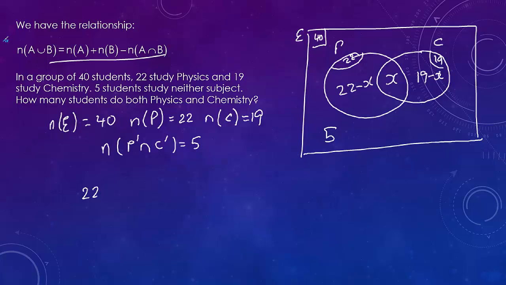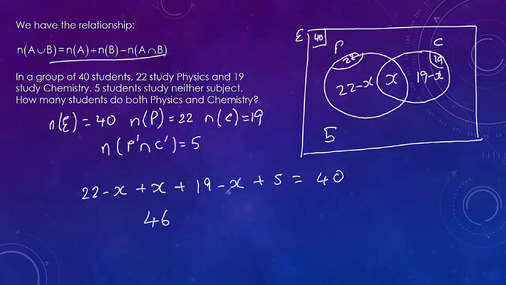So 22 minus x plus 19 minus x plus 5 has to be equal to 40. If we add up all 4 regions, it must come to the total. So 22 add 19 is 41 and 5 is 46.